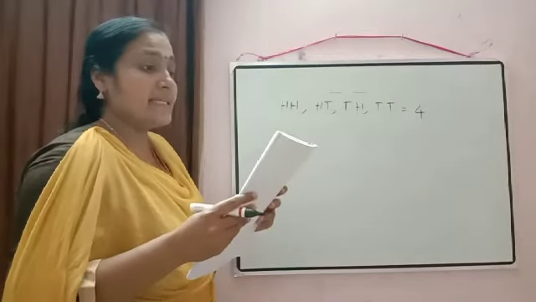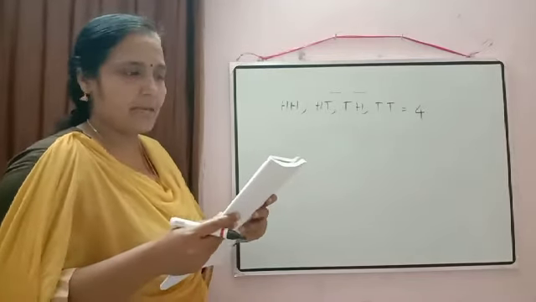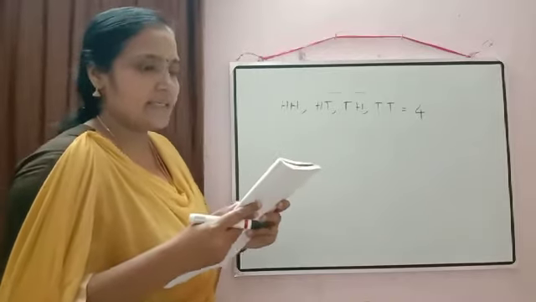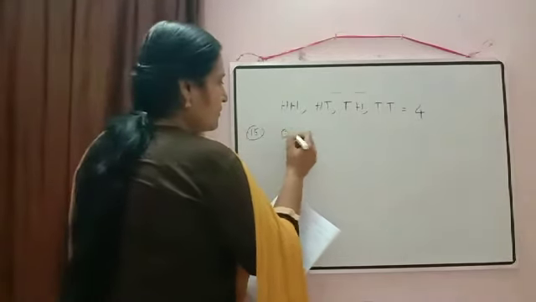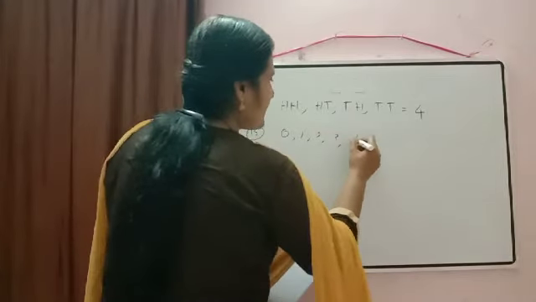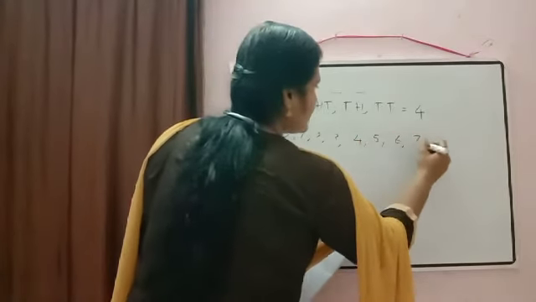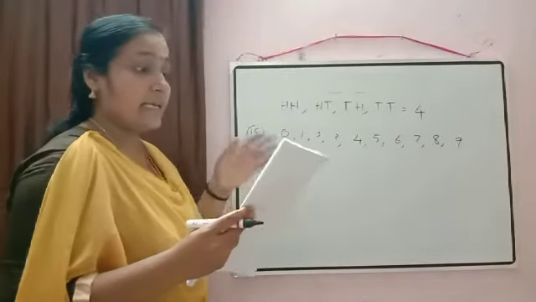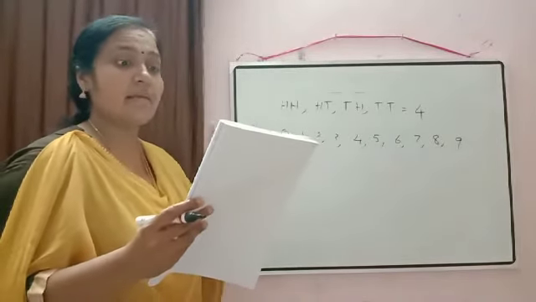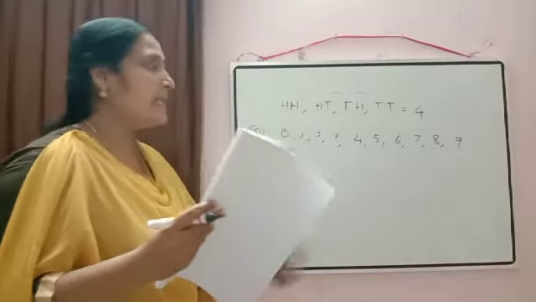how many 6-digit telephone numbers can be constructed using the digits 0 to 9? So we can use the digits from 0 to 9: 1, 2, 3, 4, 5, 6, 7, 8, 9. Any numbers you can use. And then a condition is given: each number starts with 94.